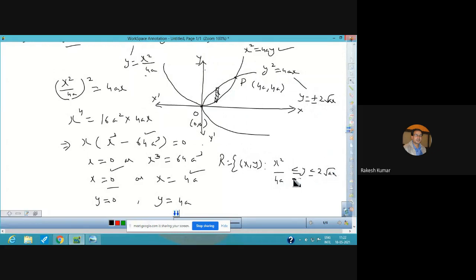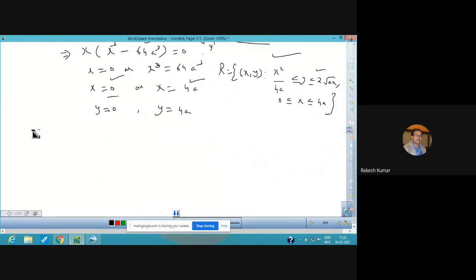This is the upper limit of y, and similarly the limits of x will be 0 to 4a. The x coordinate is 0 here, and this is 4a. So this is your region of integration. Now you can find the area.